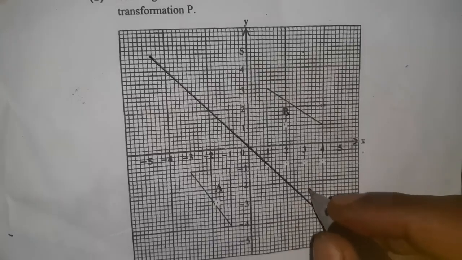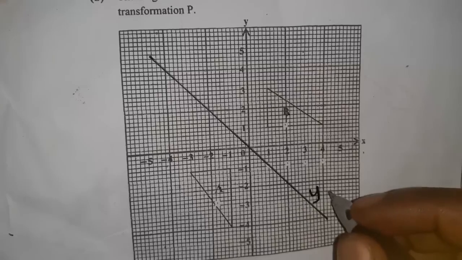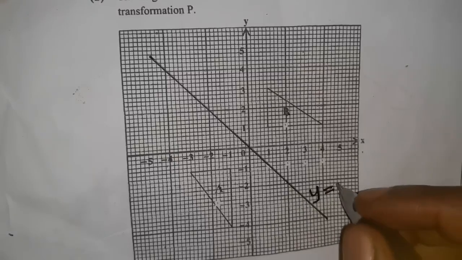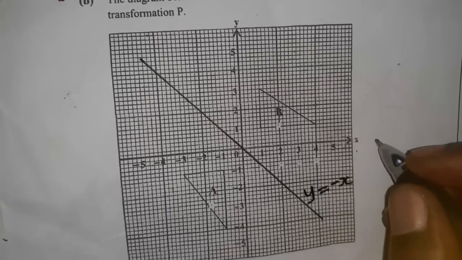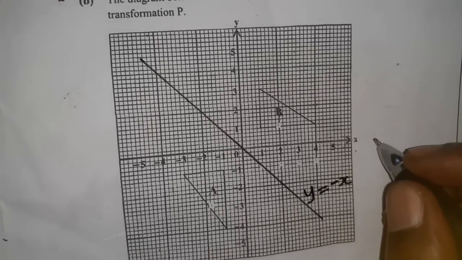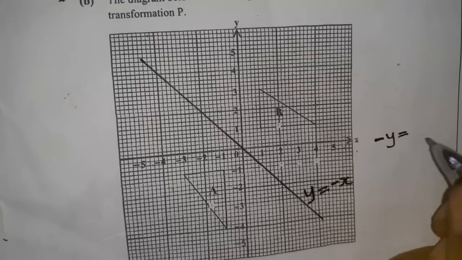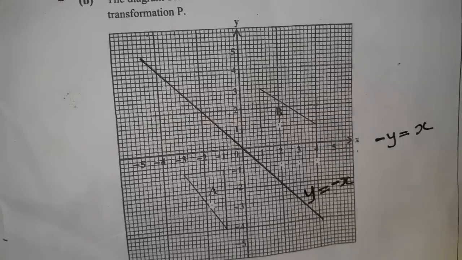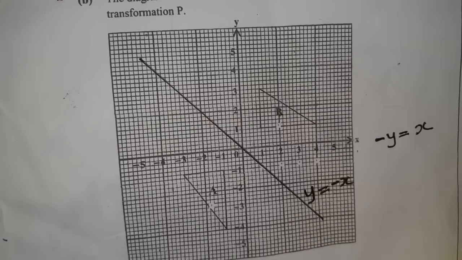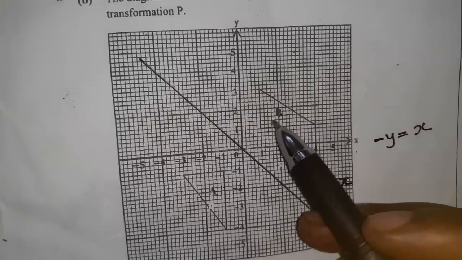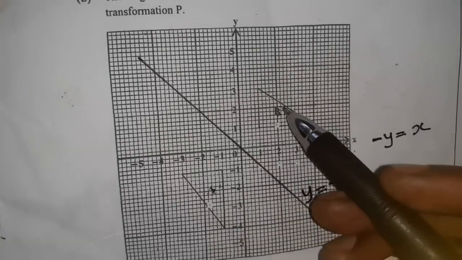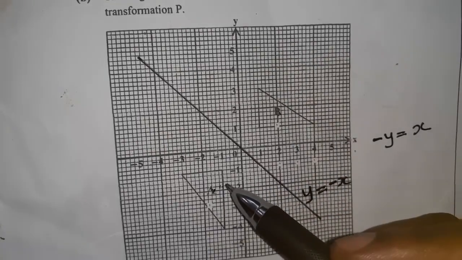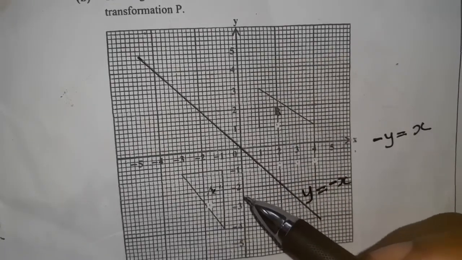What do we call them? This is y is equals to negative x, or we can say negative y is equals to x. So this one is a reflection of A on this mirror line.